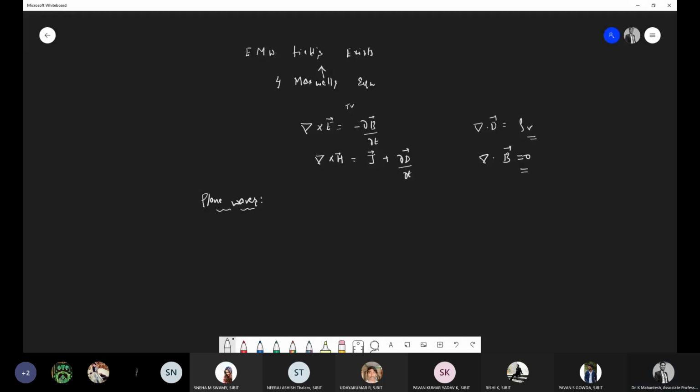I repeat, E and H vectors lie in a plane and phase is constant. So E and H are in the same plane and phase is constant over a plane, then it is called a plane wave.